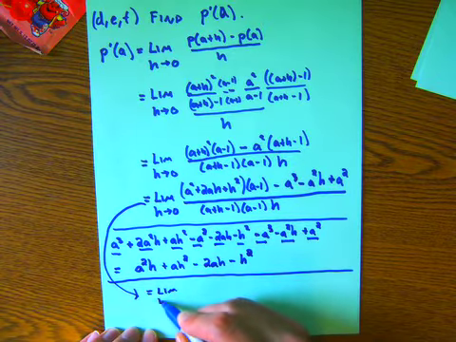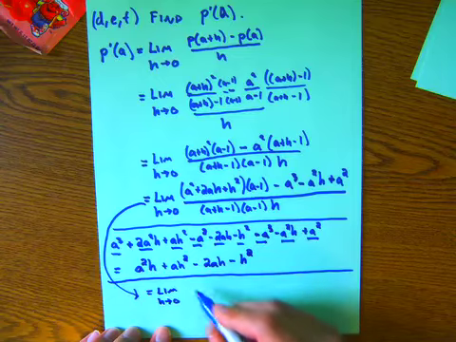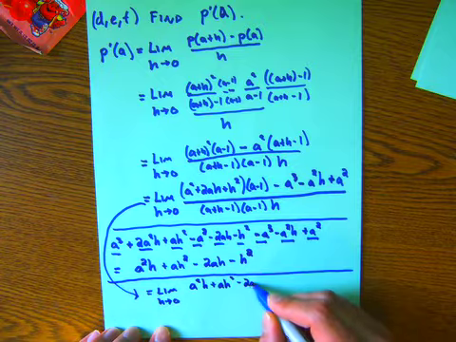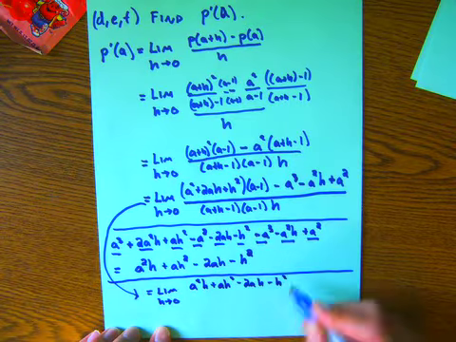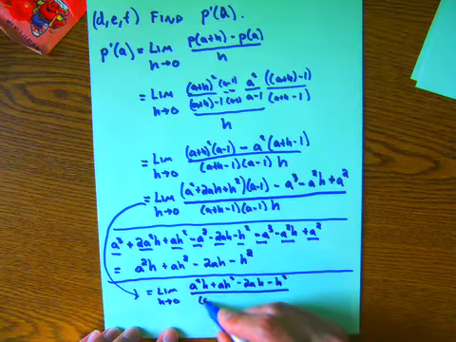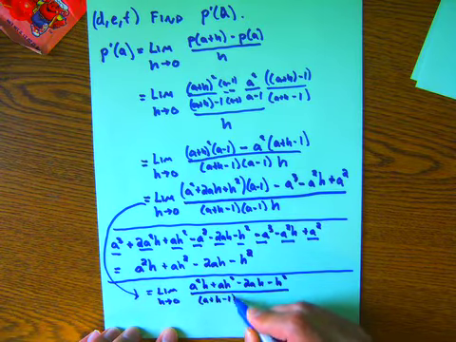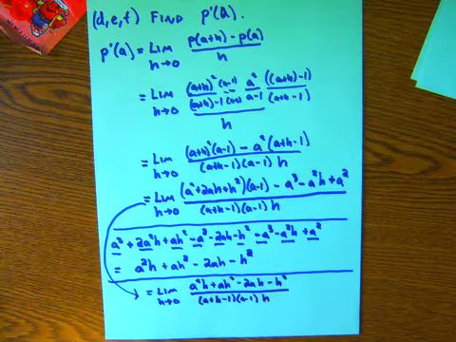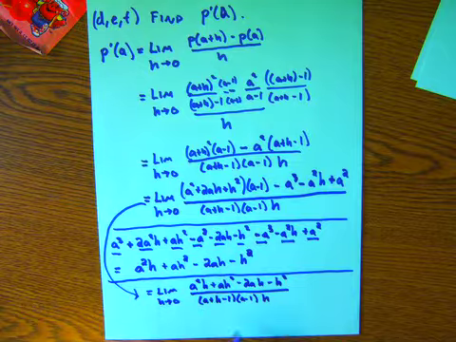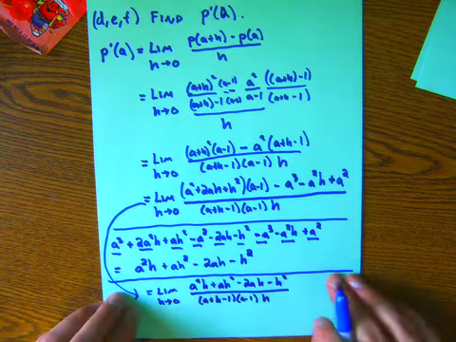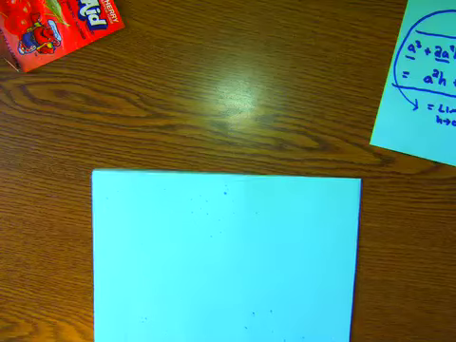this is equal to the limit as h goes to 0 of, plugging in this new numerator, a squared h plus ah squared minus 2ah minus h squared, divided by a plus h minus 1 times a minus 1 times h. Now I think we have an h in every term up here, so we can pull it out.